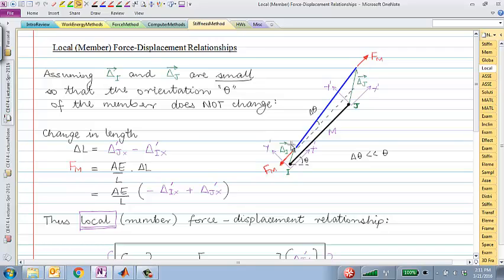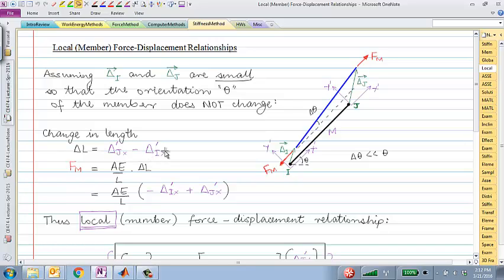To see that, what you really need to do is take your frame of view and kind of twist it along the local coordinate system. So if you modify your frame of reference to your local coordinate system, then you should be able to see that displacement here minus displacement here would be the change in length of that member, right?